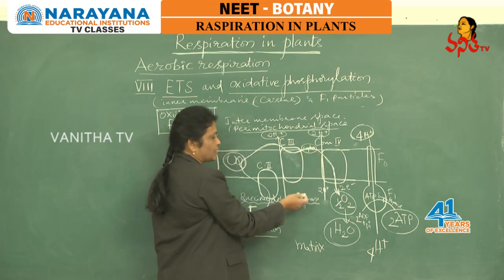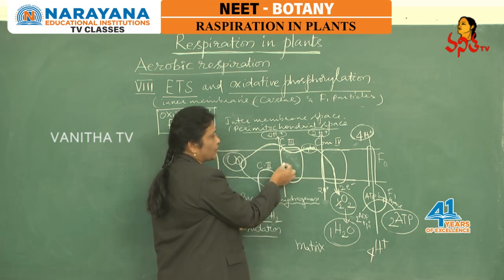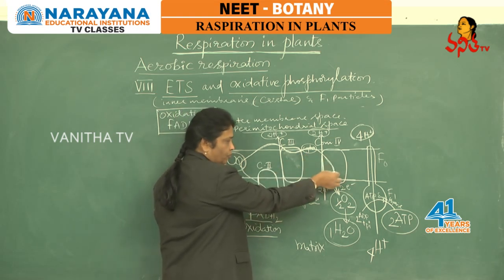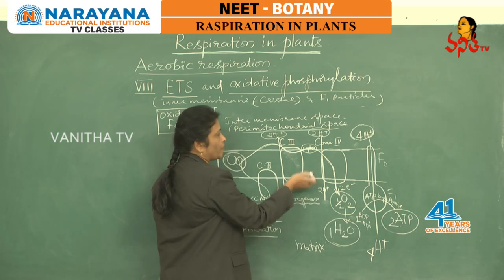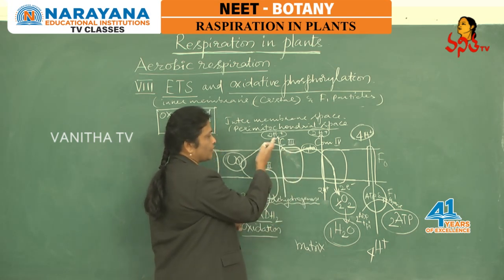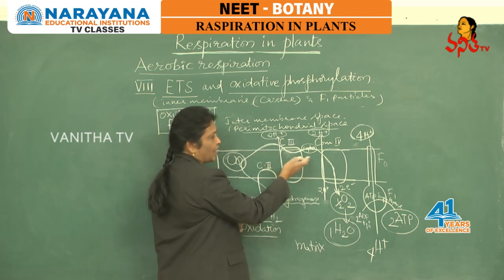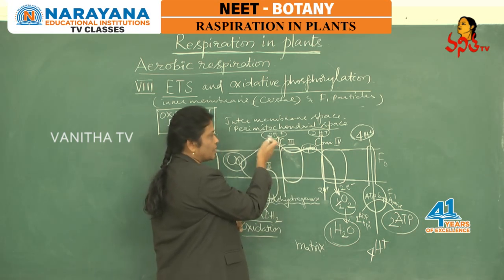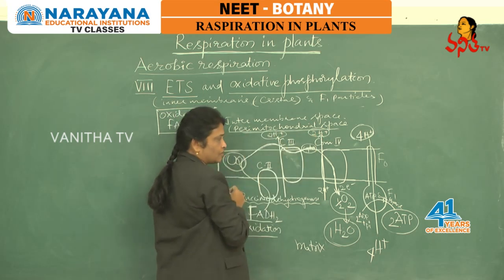As usual, just like previously, the shifting of electrons from ubiquinone to complex 3 and complex 3 to complex 4 results in translocation of protons from the matrix through complexes 3 and 4 into the intermembrane space, the perimitochondrial space.